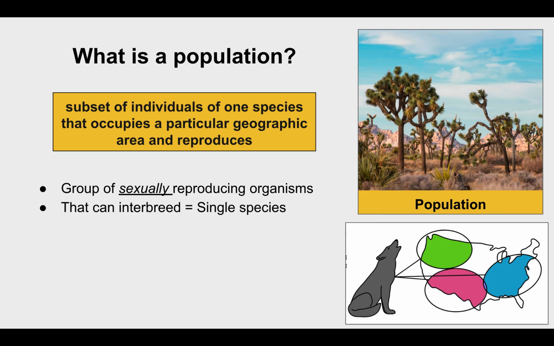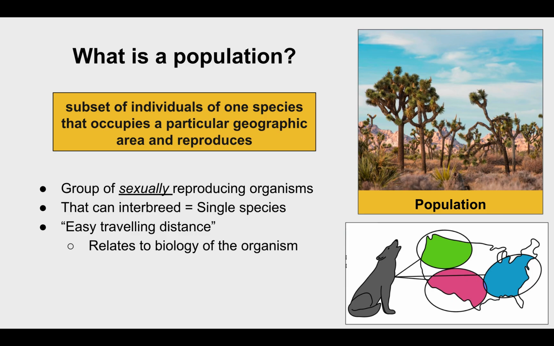Right? So population, single species. And finally, they occupy a geographic area, right? Which means they're going to occupy an area that's easy traveling distance for them, right? And that really depends on the species we're talking about, right? Now, for plants like the Joshua tree here, it's really going to depend on how they pollinate and how far the pollinators travel, right?